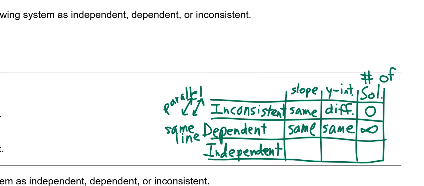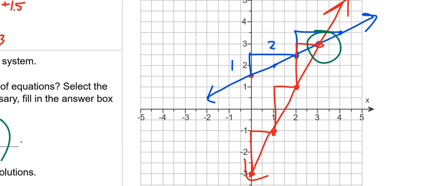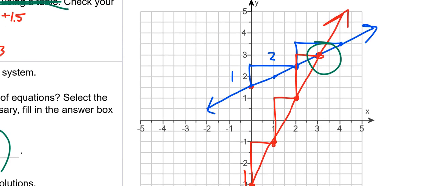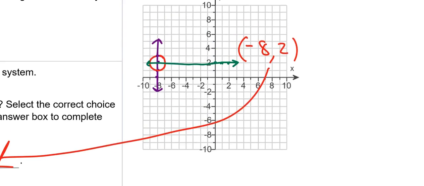Now, if your lines are not parallel and they're not the same line, how many times do they cross? Just think about two lines. In fact, I'll give you an example. Here's one. Here's another.